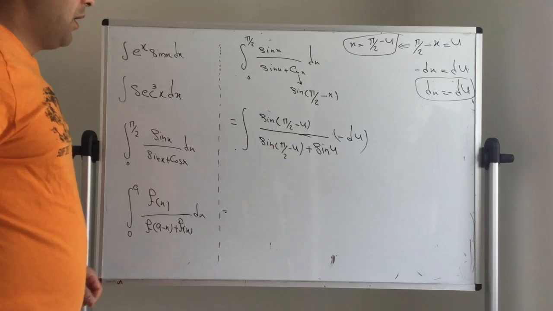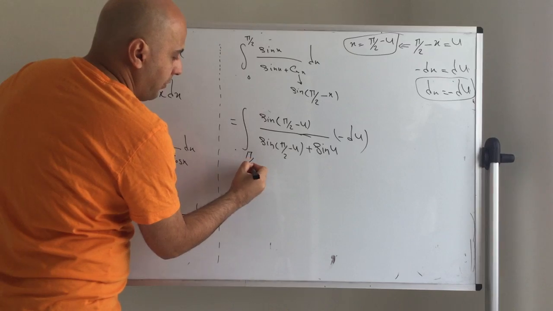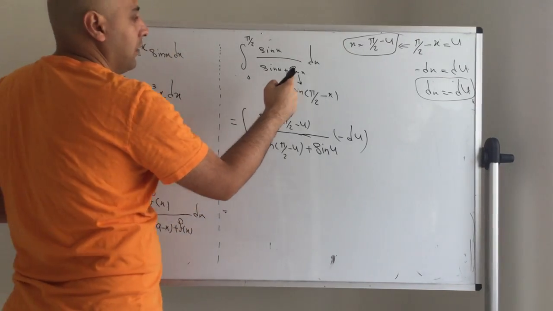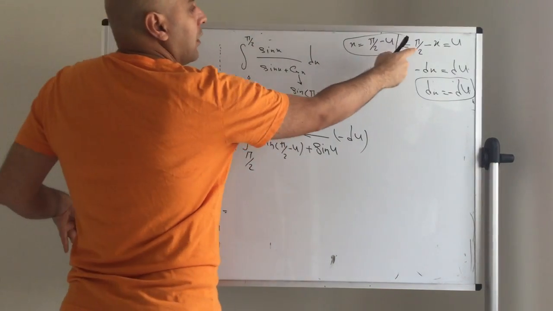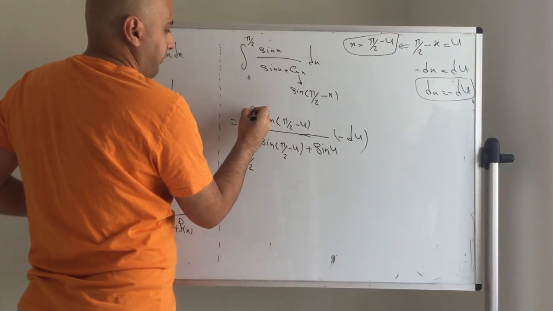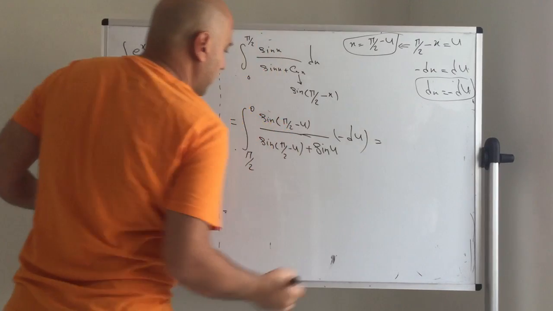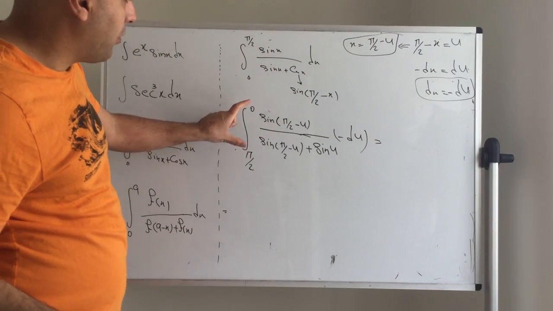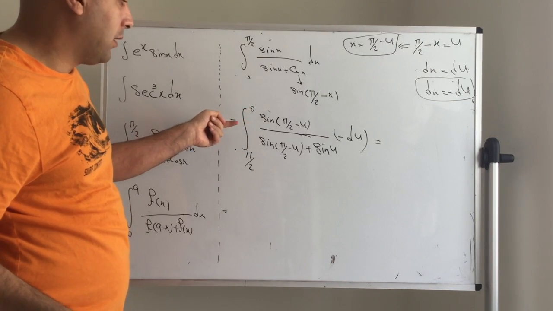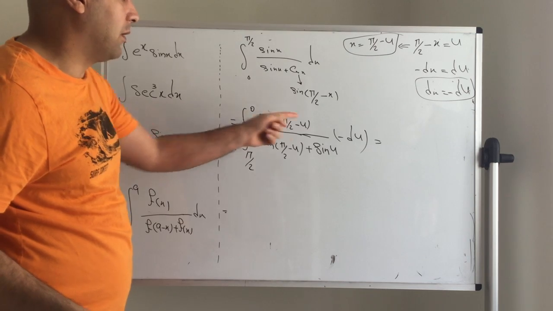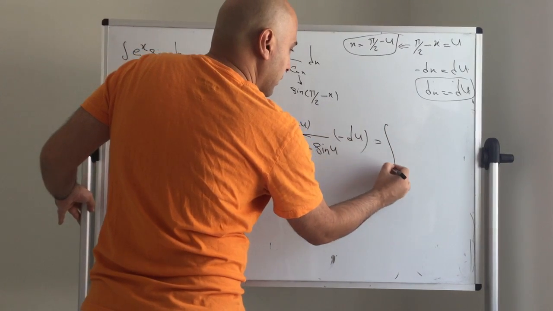Okay, if I put 0 here, then u will be pi over 2. Also, if I put pi over 2 here, u would be 0. See what happens. If I change the boundary, I mean the sides, then I have to put one extra minus. This extra minus times this minus will be positive.